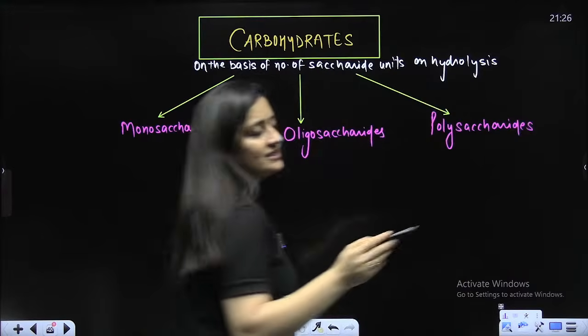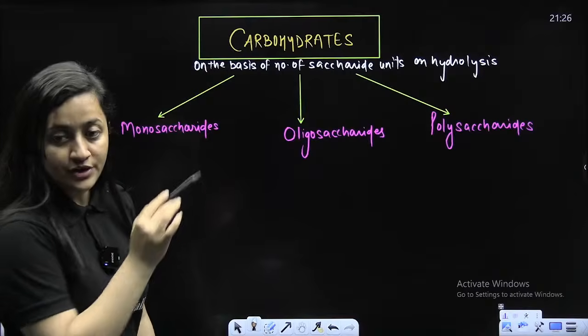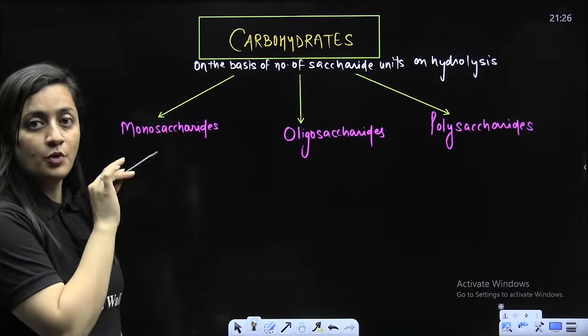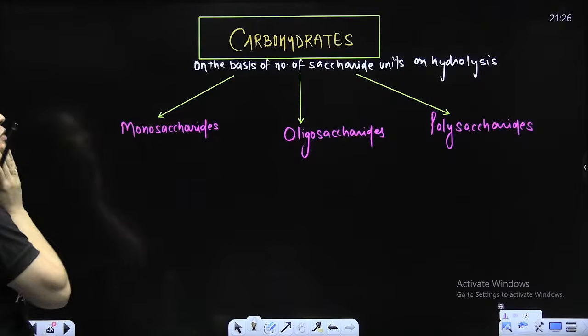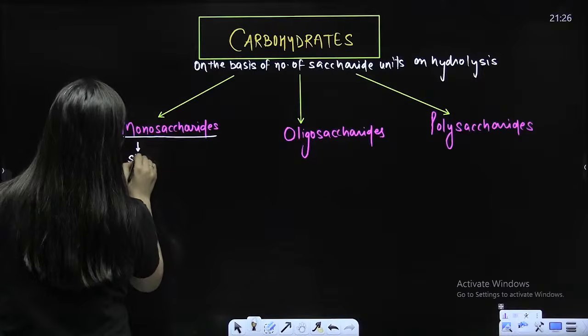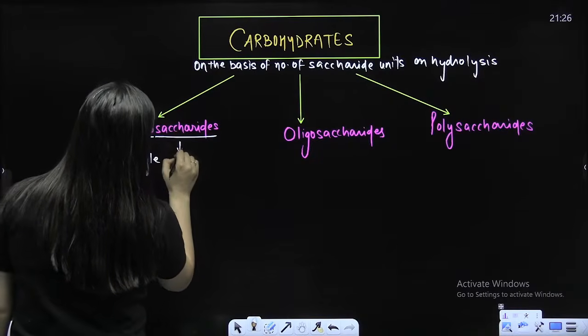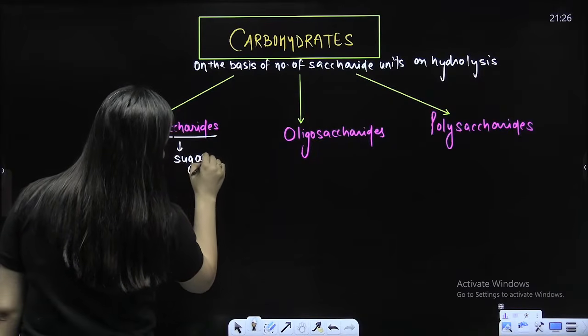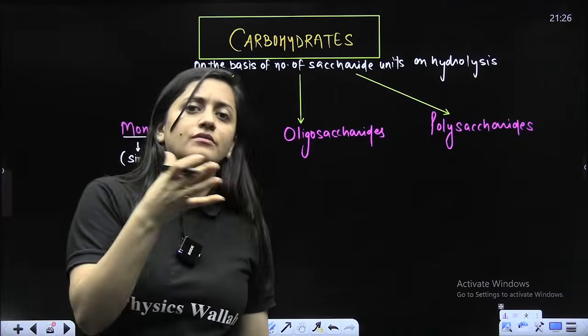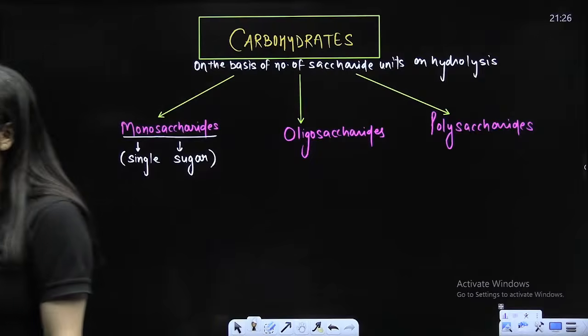In your class 11 NCERT, they have directly mentioned polysaccharide. But if you really want to understand polysaccharides, you need to know what monosaccharides are. Mono means single, saccharide means sugar. These are the single sugars which on further hydrolysis will not give us other sugars.